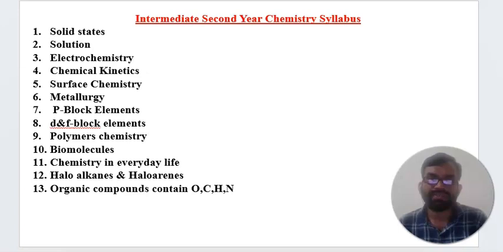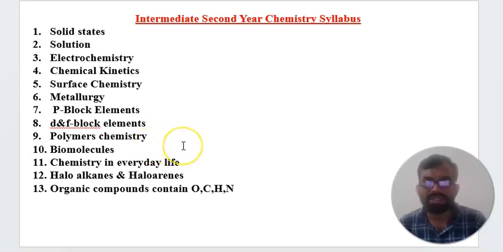Now coming to the intermediate second year chemistry syllabus. In intermediate second year there are a total of 13 topics for the NEET exam. First is solid state, second is solutions, third is electrochemistry, fourth is chemical kinetics, fifth is surface chemistry, sixth is metallurgy, seventh is P block elements, and eighth is D and F block elements.